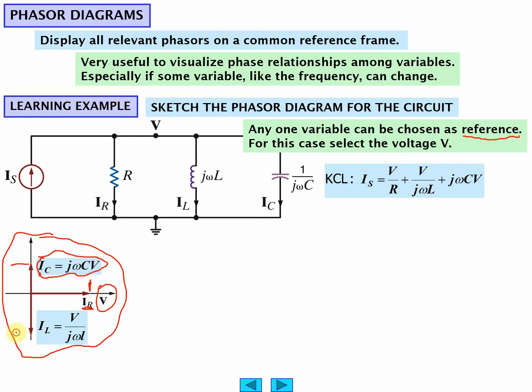Inductor, similarly, we have an arrow going down because this becomes a negative J. So this is the negative 90 degrees. This is the positive 90 degrees. It's in the complex plane. Imaginary part of the number, real part is over here.